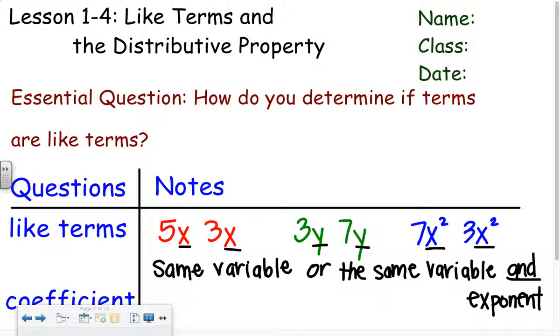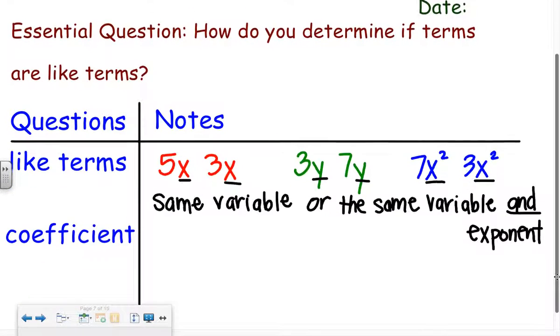If terms have the same variable, they're like terms, or if they have the same variable and the same exponent, they are like terms.